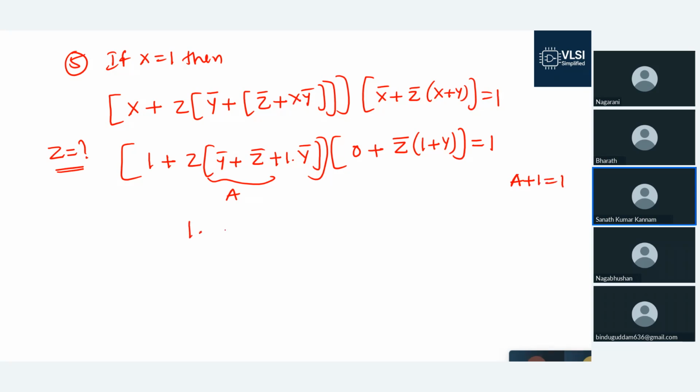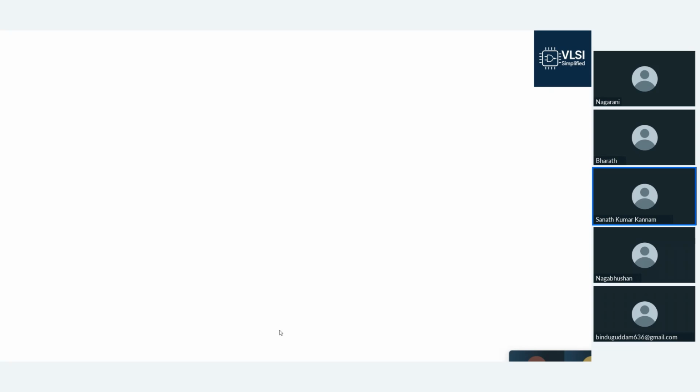And a plus 0 equal to a. Okay, so you will get z bar, and here this is 1. So z bar and 1 equal to 0. So z bar equal to 0. Here z equal to what? 1. Z equal to 1. Okay. So like this we can do.